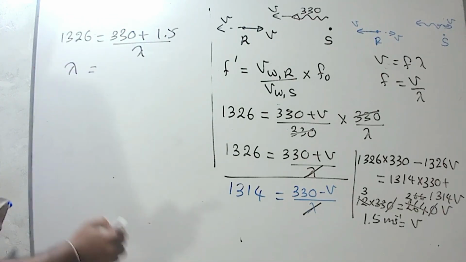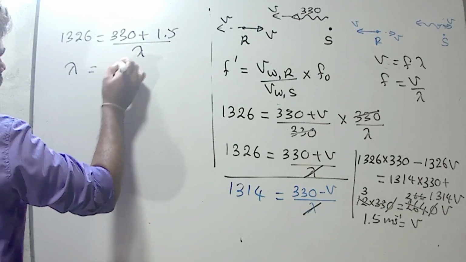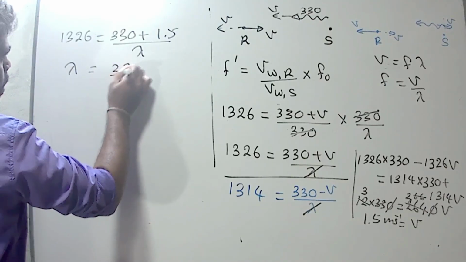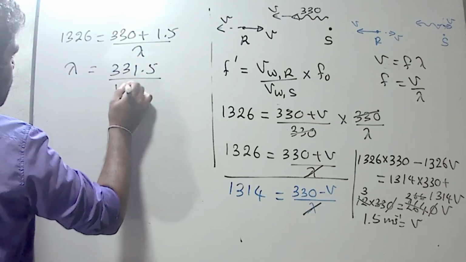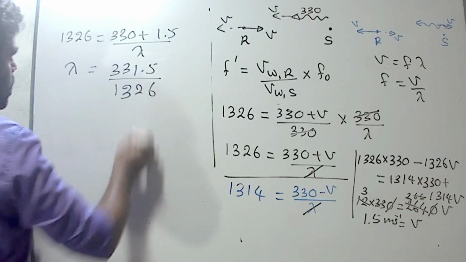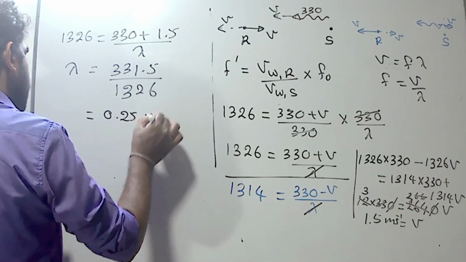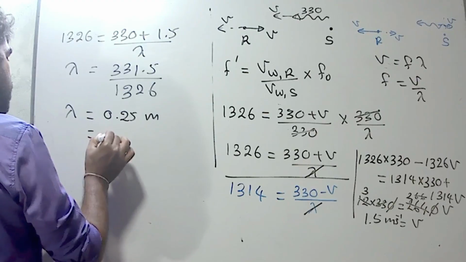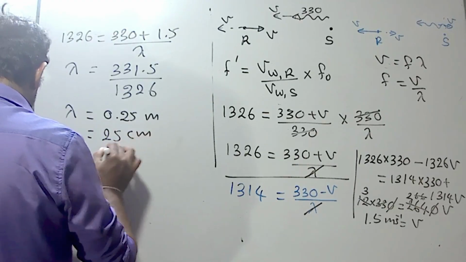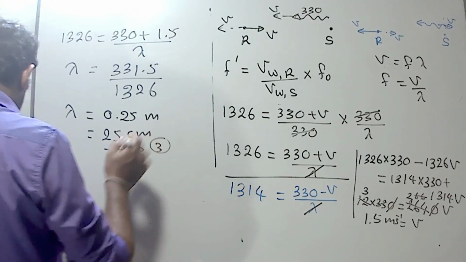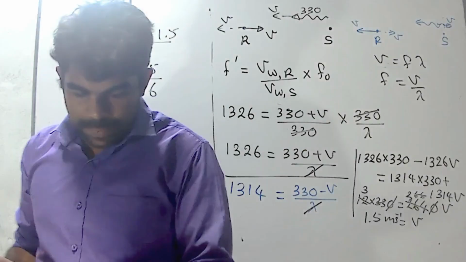Then lambda equals 331.5 divided by 1326. We can get the answer 0.25 meters. It is 25 centimeters. Then the answer is 3.